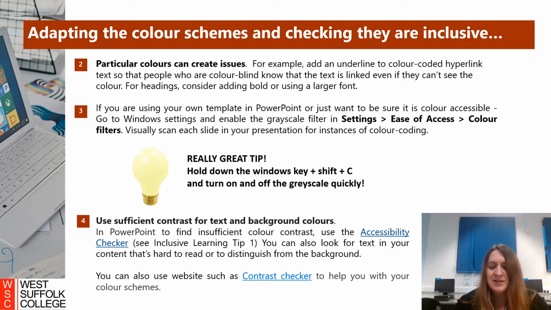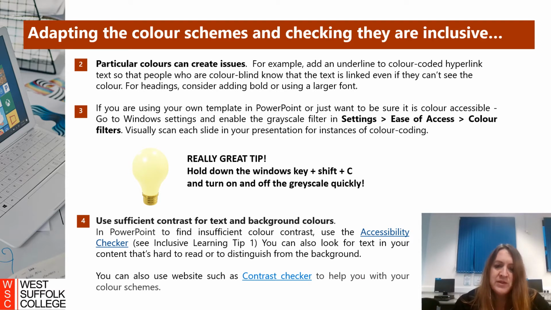And a really great tip that I discovered while I was doing this: you can just hold down the Windows key, the Shift key and the letter C, and this will turn your grayscale quickly on and off. So you don't have to keep going into the settings all the time.